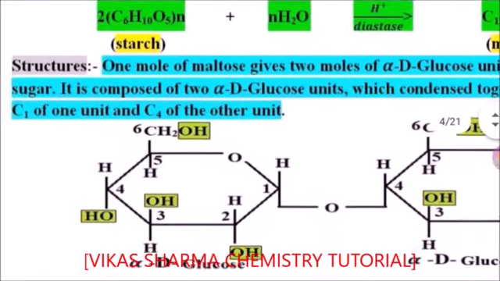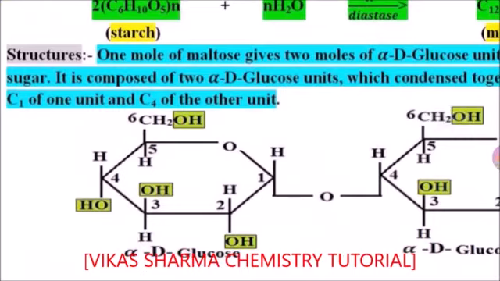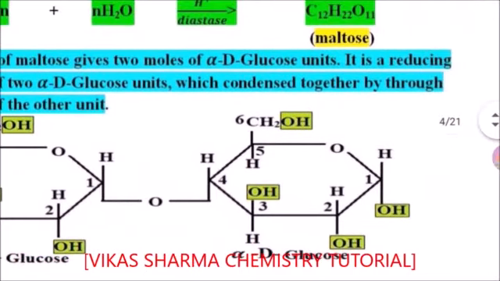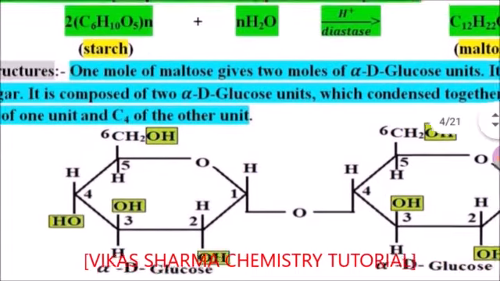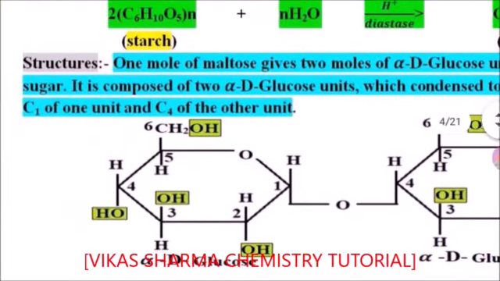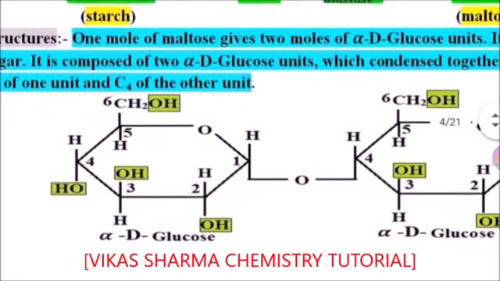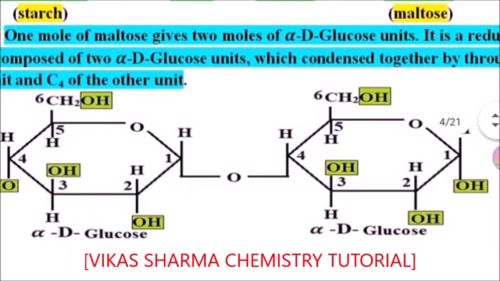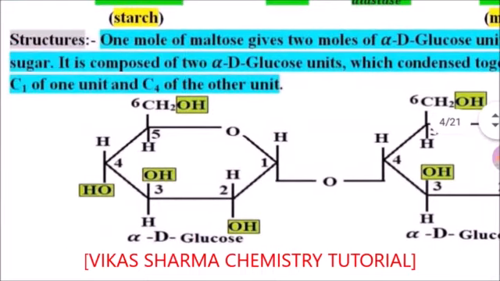When we discuss the structure of maltose, 1 mole of maltose gives 2 moles of alpha D glucose units. It is a reducing sugar, meaning it reduces Tollens' reagent and Fehling's solution. It is composed of 2 alpha D glucose units which condense together through C1 of one unit and C4 of the other unit.